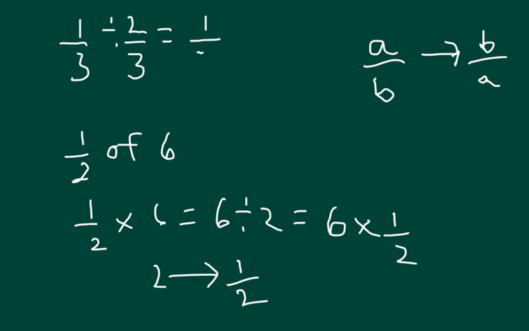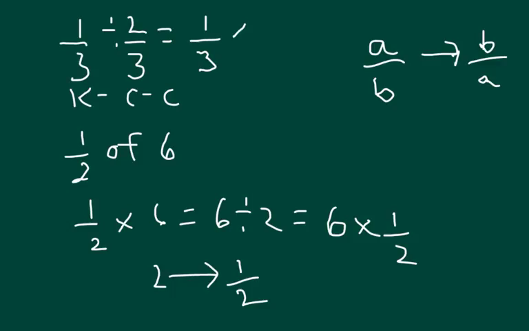I'm going to follow the keep, change rule. So keep 1/3, change division to multiplication, and change 2/3 to the reciprocal or inverse of 2/3.